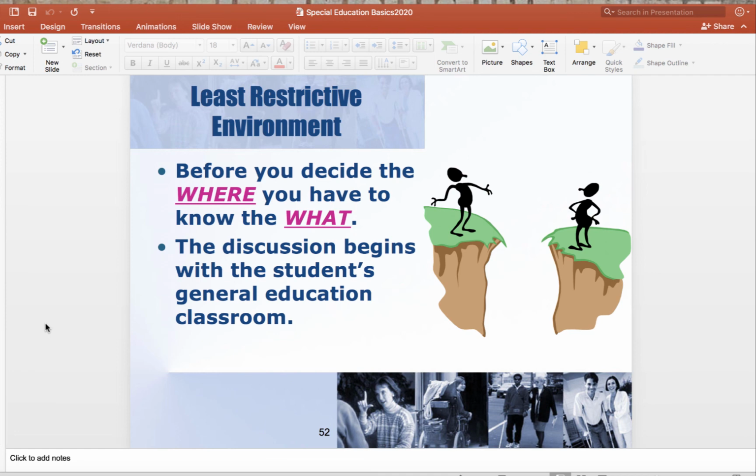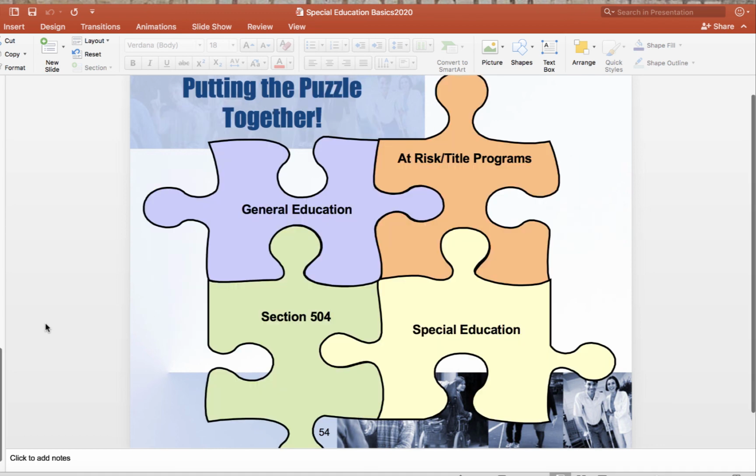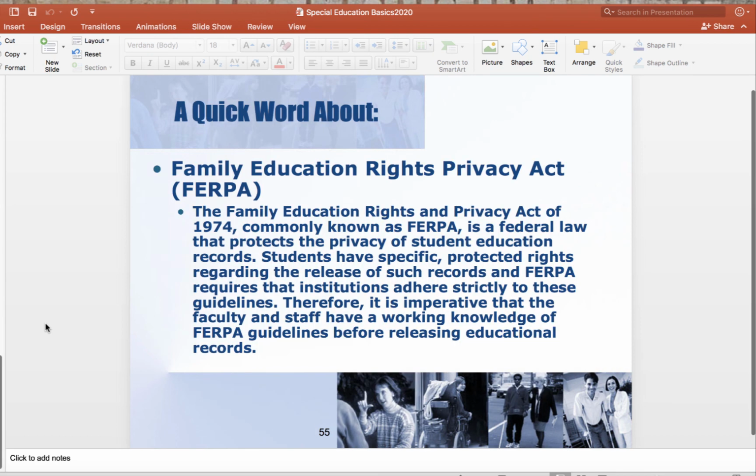So basically, before you decide where the student is best served, you have to decide what they need. So the discussion begins with the student's general education classroom first and foremost. And these are some instructional arrangements for us to think about. And so we can see how all these puzzle pieces go together to serve kids with special needs.